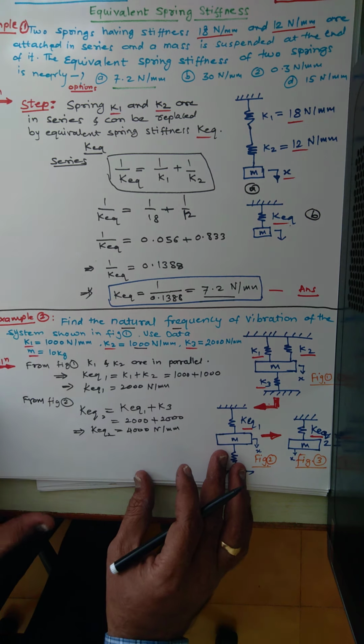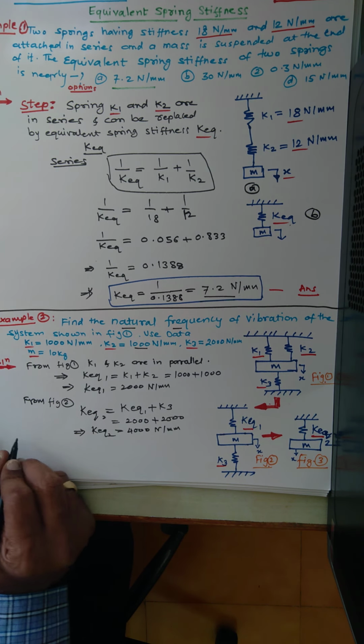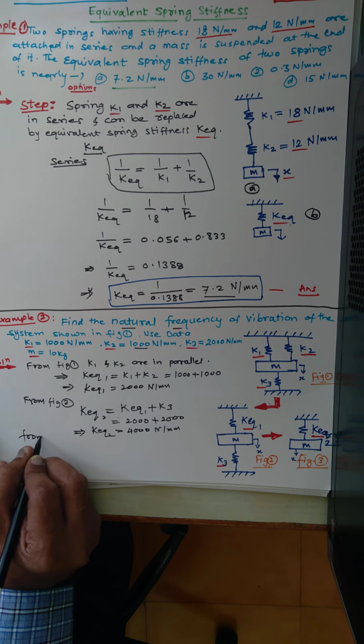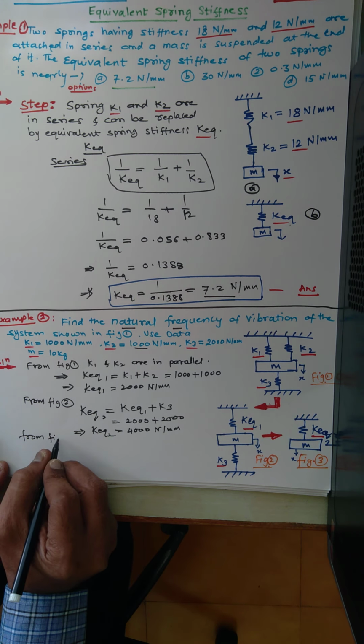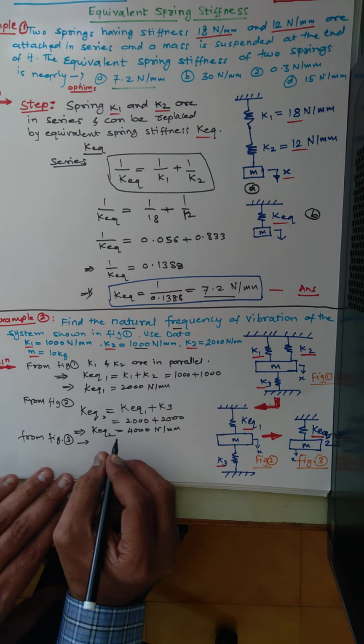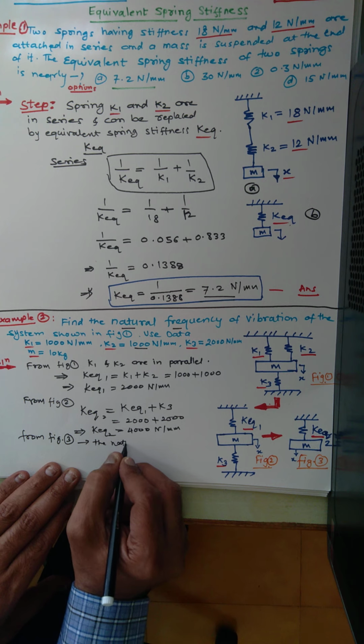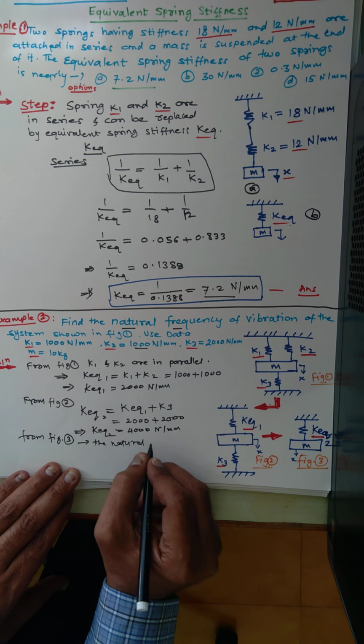How do we find the natural frequency? We know the formula for natural frequency, from figure 3. The natural frequency is the third step.